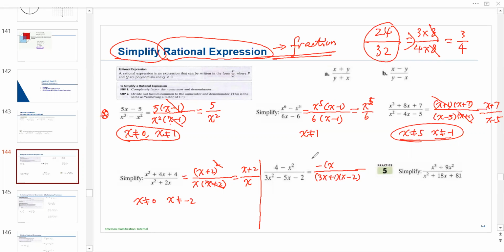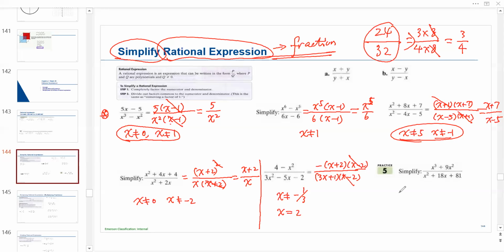The rest is x squared -4, right? So you can factor into x plus 2 times x minus 2. So x cannot equal what? -1/3, right? x cannot equal 2. So make sure the bottom part is defined first, and then we factor this out. Right? So you got -(x plus 2)/(3x plus 1).